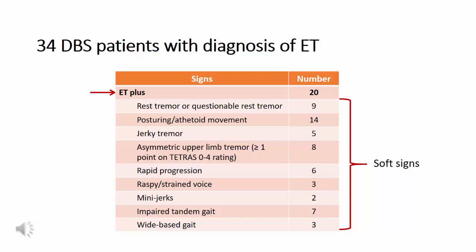In the future, it will be very important to determine how soft signs relate to long-term outcome in patients undergoing stereotactic surgery for essential tremor. Most surgical patients will have essential tremor plus, not essential tremor. And the most common soft signs appear to be those that are related to dystonia, ataxia, and Parkinson's disease.